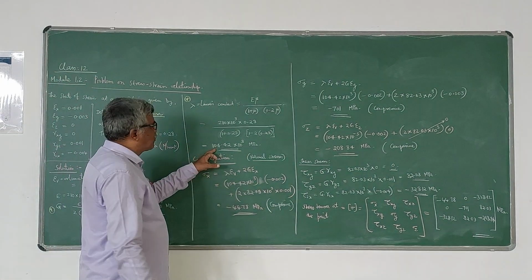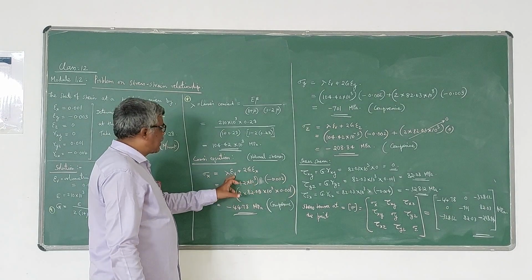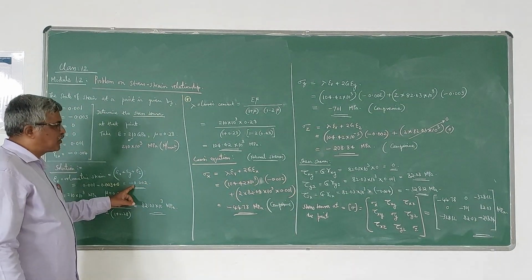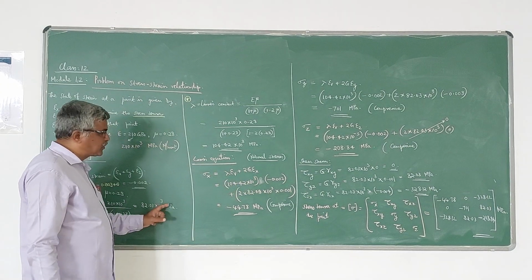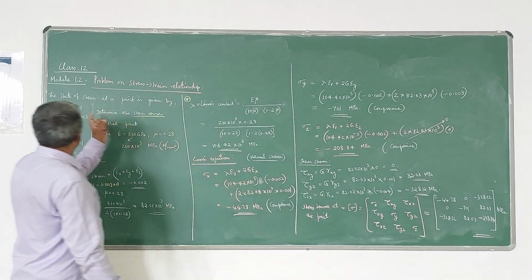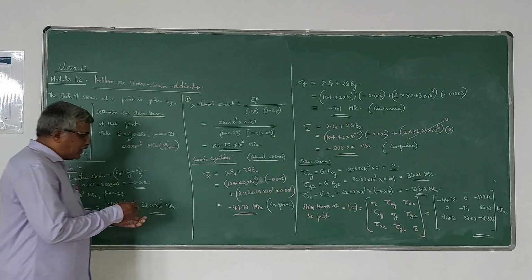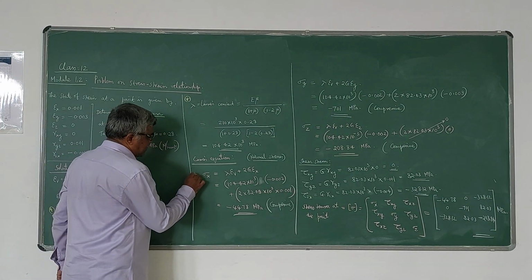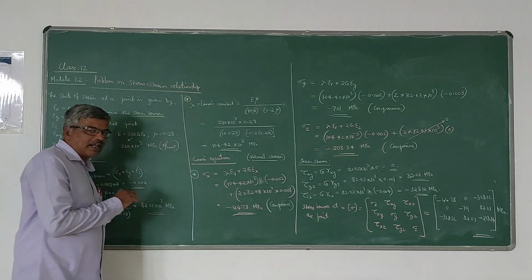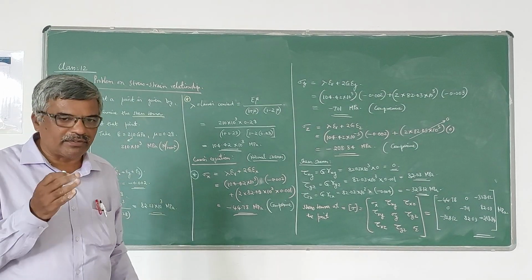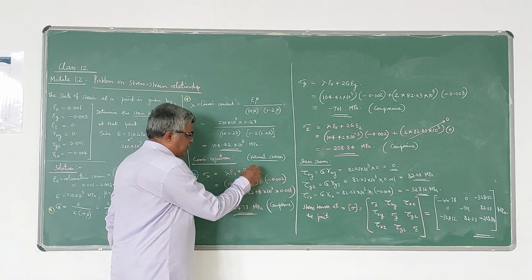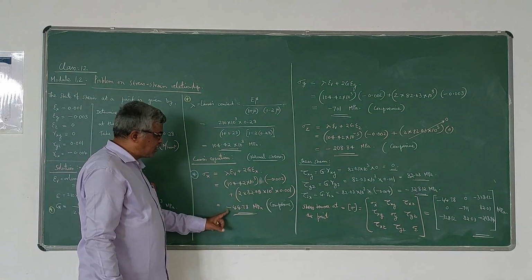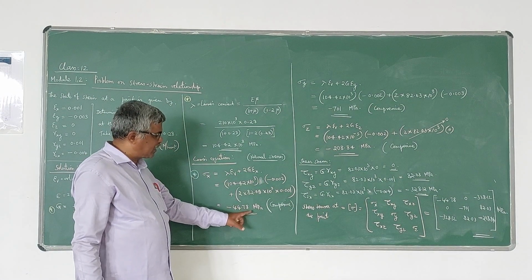Lambda is 104.42 times 10 power 3, into epsilon v which is minus 0.002, plus 2 times G which is 82.03 times 10 power 3, into epsilon x which is 0.001. You need to remember these Lamé's equations. If they ask for the derivation, you have to do whatever I explained in the last class. If they give a problem, you have to proceed like this. Once you simplify, you get minus 44.78 MPa.